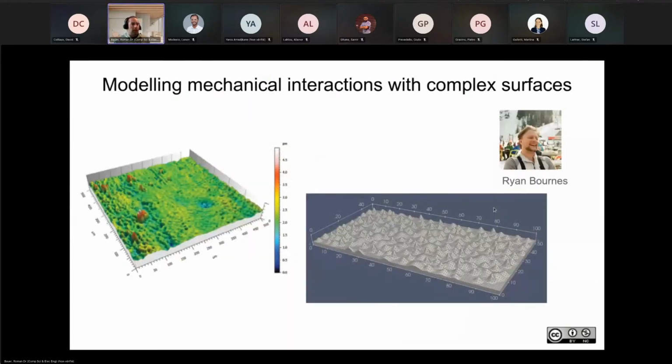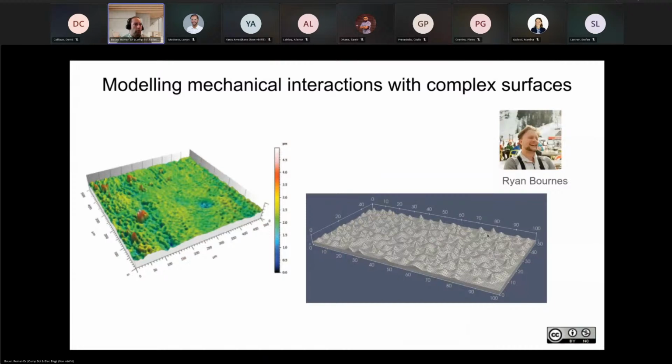Then something that, as I know, is quite interesting for some in the audience here, is that we also look into biofilms, and in particular into how biofilms interact with the substrate that they grow on, and different environmental conditions.